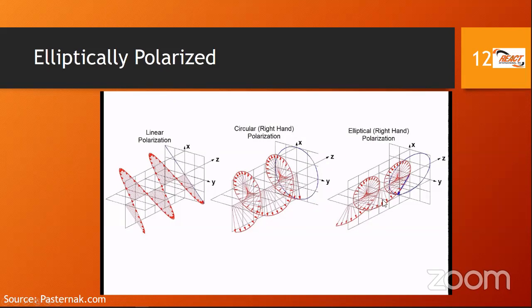But this is what the signal will tend to look like, or you can conceptualize the signal looking like this for elliptical polarization. So this here, linear polarization, and this one here would be elliptical. So if you're doing, let's say a horizontal or vertical polarization, it would be in one plane like this, but by the time your HF signal bounces off the ionosphere, it becomes elliptically polarized. So this is just to show and illustrate what elliptical polarization might look like, just for your understanding.